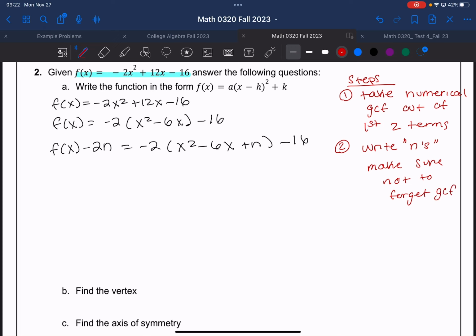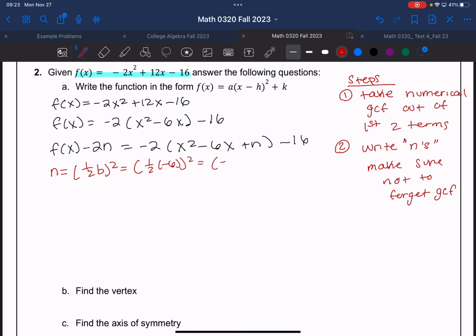Okay, now we're completing the square. So completing the square, we use the formula n is equal to what? Good, 1/2 b squared. So 1/2, and what is our b value? -6 squared.